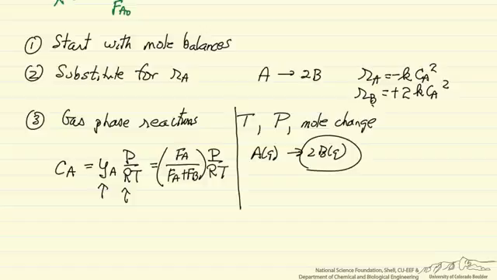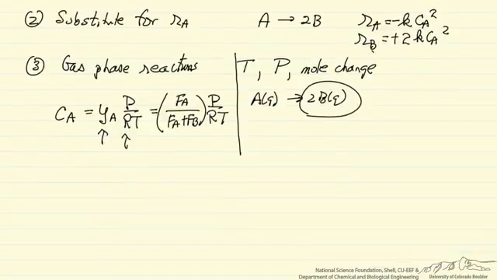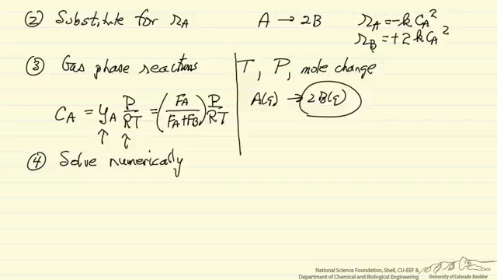So we use this for each of the components that we have in the rate expressions, and then the next thing we do is solve these equations numerically. Of course, this also makes it easy to change conditions and look at what happens.